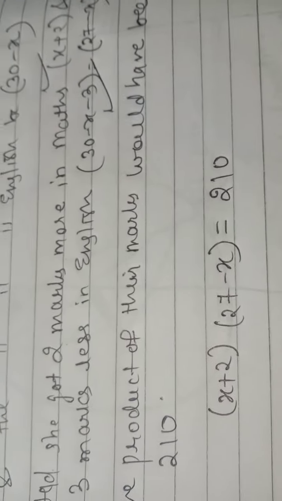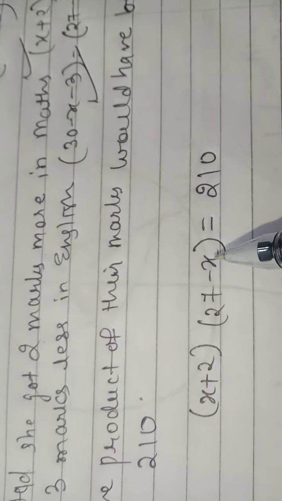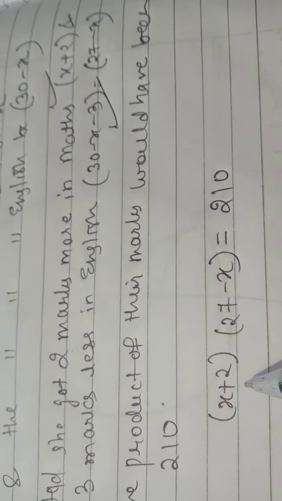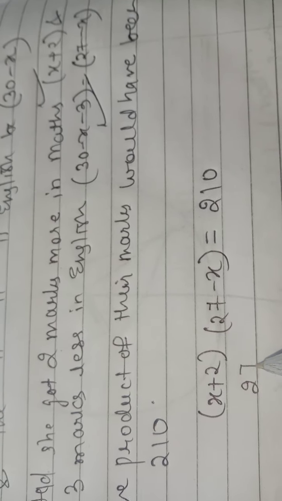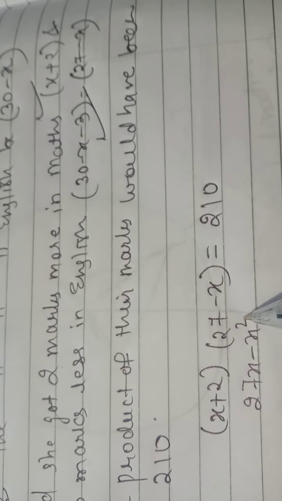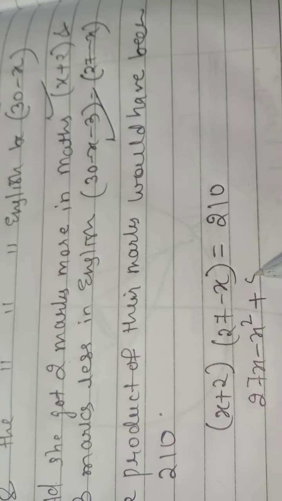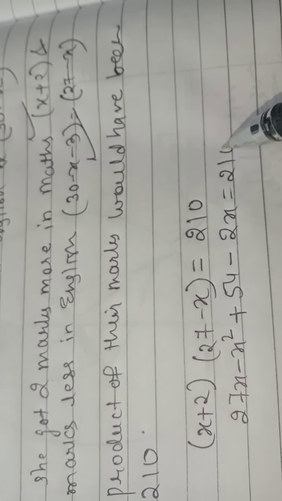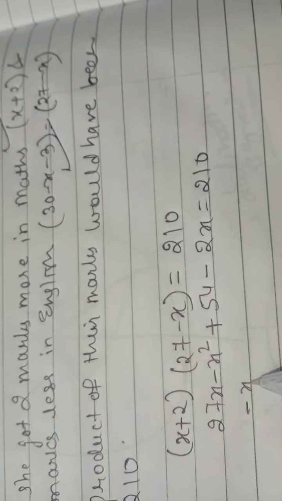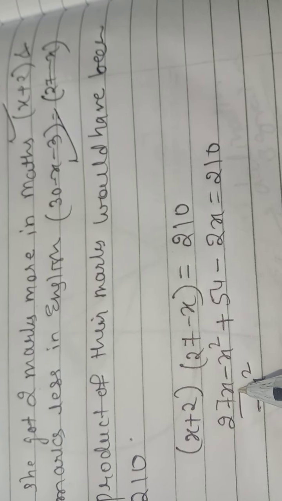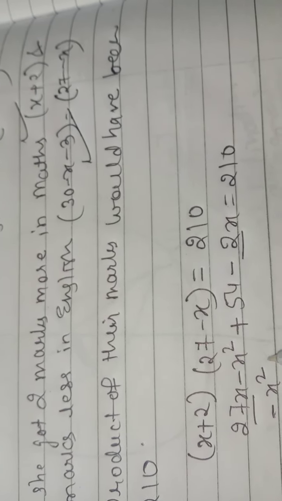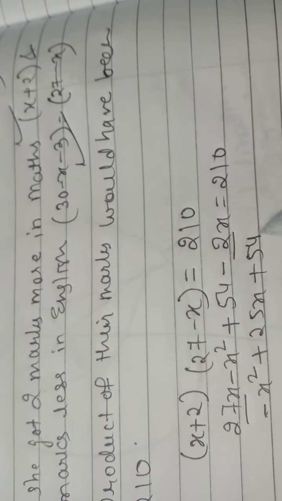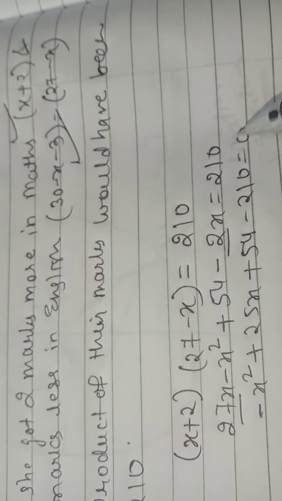So now we have to make the standard form of the given equation. If I multiply, I will get 27x minus x square plus 54 minus 2x is equal to 210. So it will be minus x square, no, 27 minus 2, it is 25x, plus 54 minus 210 is equal to 0.